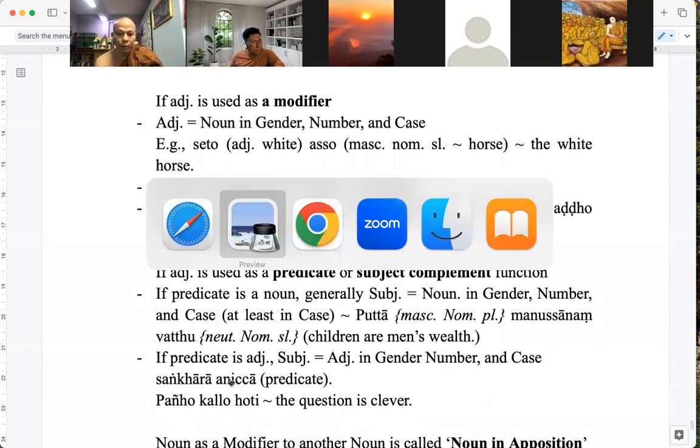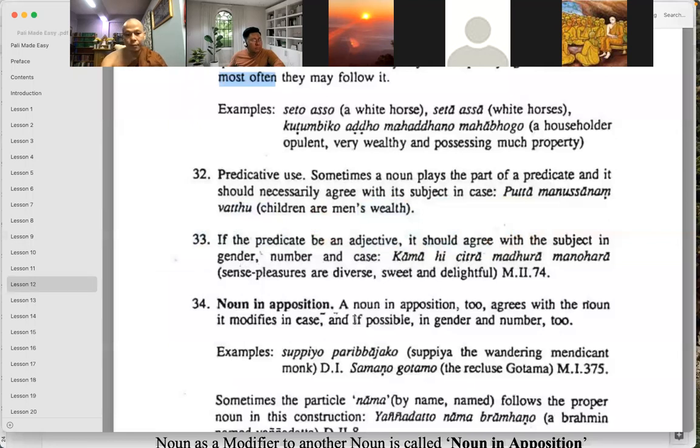And also one more example in Pali Made Easy. Kamahi Chaitara Madura Manohara. Kama means sensual pleasures. Chaitara, diverse, various. Madura, sweet, and Manohara, delightful.